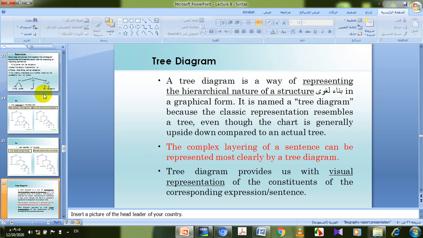A tree diagram provides us with a visual representation of the constituents, the components of the sentence.